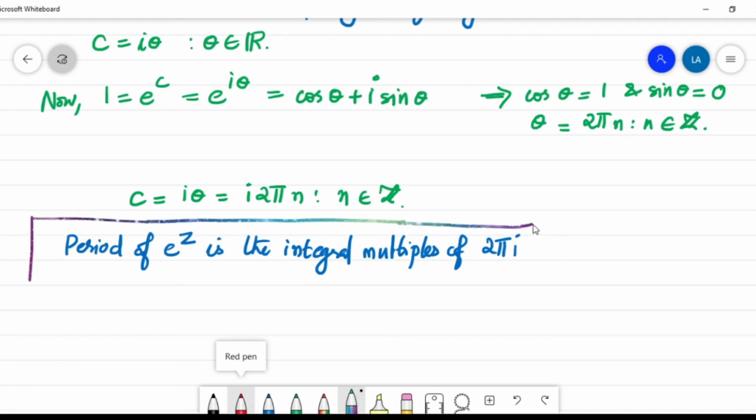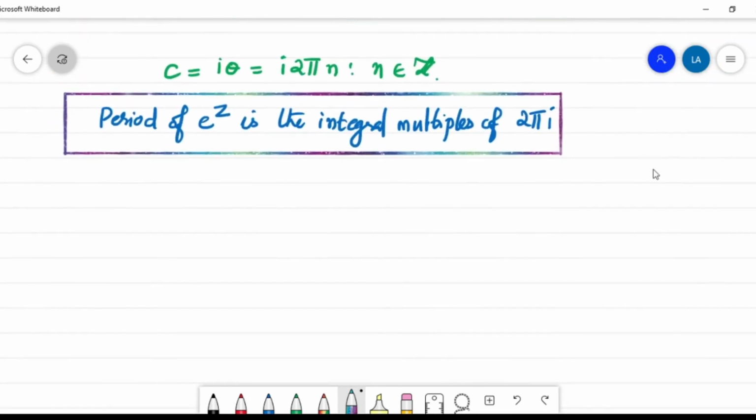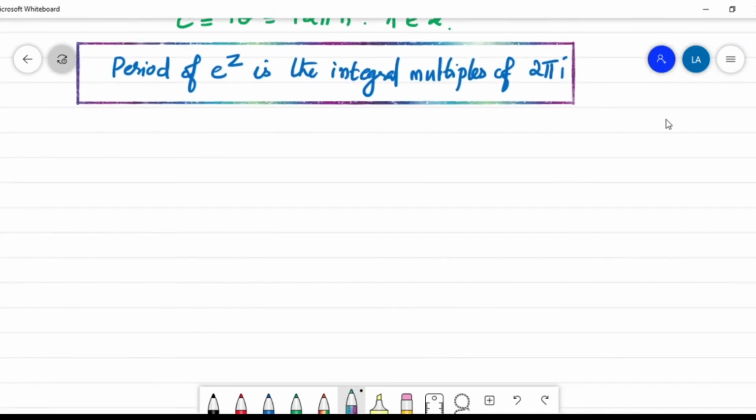Since this property is not satisfied by the real exponential function, it is the property that the complex exponential function solely satisfies.